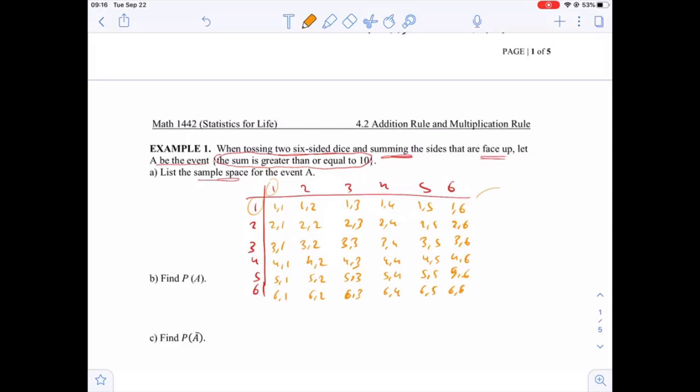So these are all possible outcomes. This is the sample space.